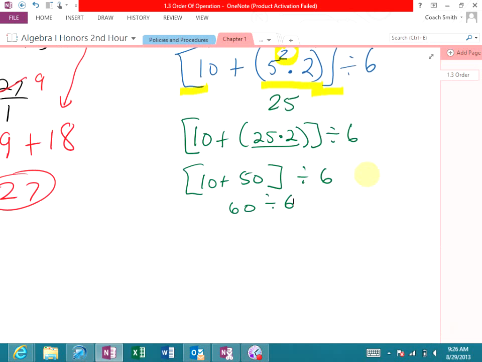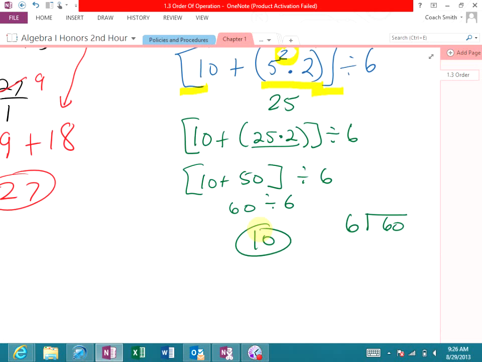And so we get our final step, which is what, Brianna? 6 into 60, and what is that? 10. Okay, the reason it's 10 is because the 6 is on the outside of the division bracket, the 60 is on the inside. And so 10 would be your answer. Obviously, you need to circle that. All right.